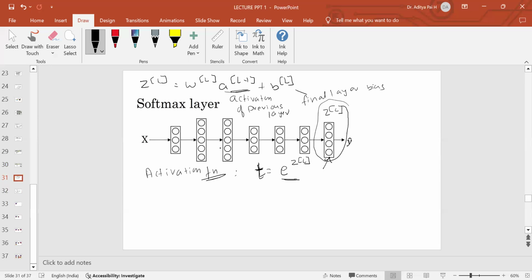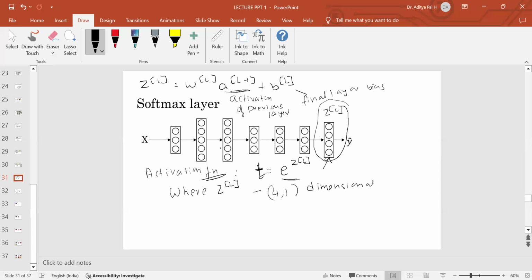Now, what is z of l? As I said, it is the final layer, which is a 4, 1 dimensional vector.